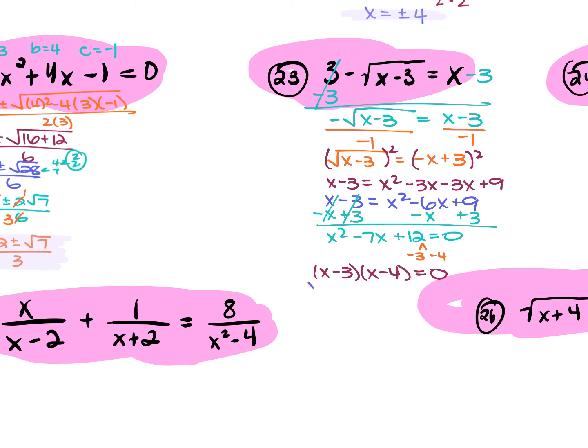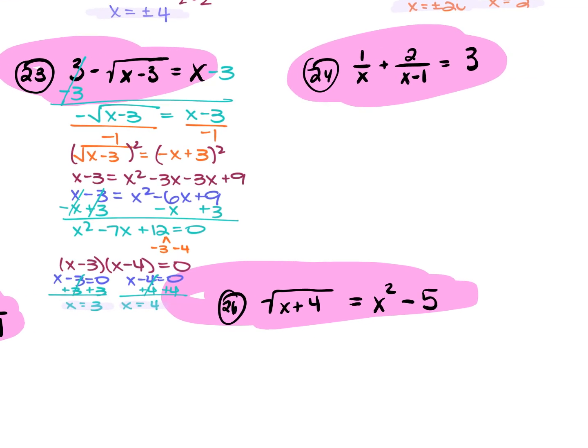Set them both equal to 0 and solve. You're going to move the 3 over by adding it to both sides. So you get x is 3. Move the 4 over by adding it to both sides. You get x is 4. So two answers, 3 and 4.